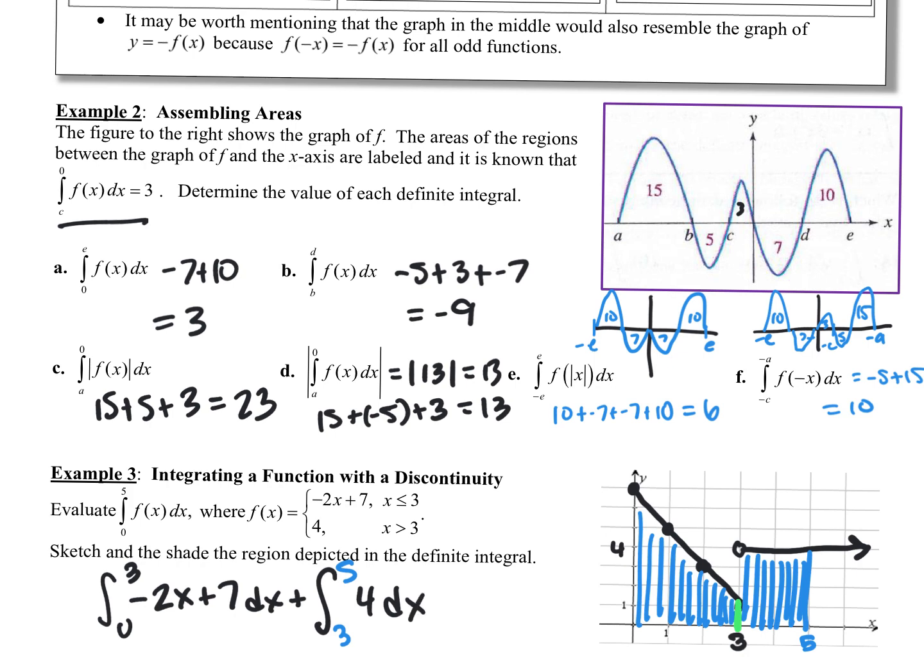And eventually you'll get to the point where you don't need to draw this graph to calculate these integrals. That's what we're going to learn tomorrow, okay? You're going to find the antiderivative of these, and then you'll be able to plug in those values instead of having to draw the graph. But for now, you'll just find the area on there. And if you do that, you should get 12 and 8, which will be 20 total.